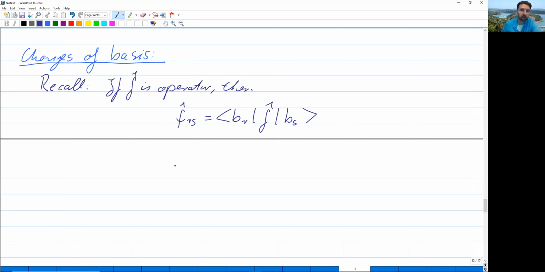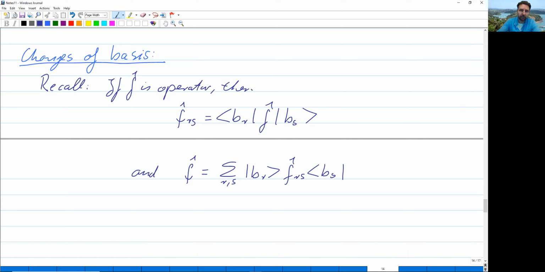We found that, vice versa, f hat is then equal to the sum over r and s of B_r, f_rs, and then <B_s|.